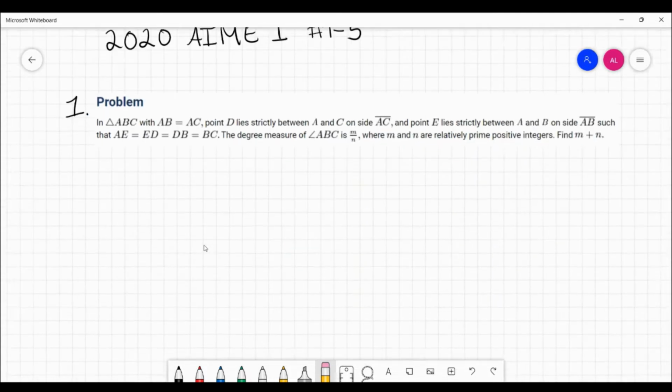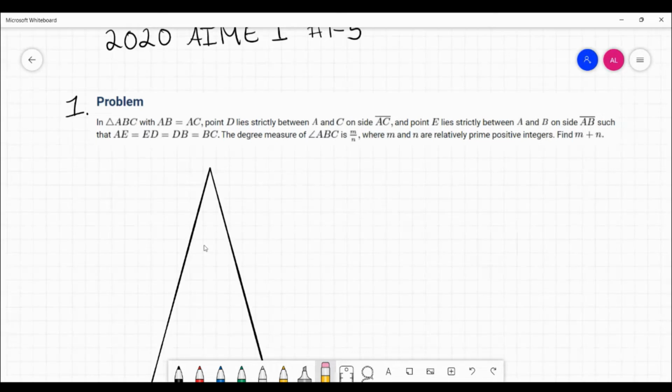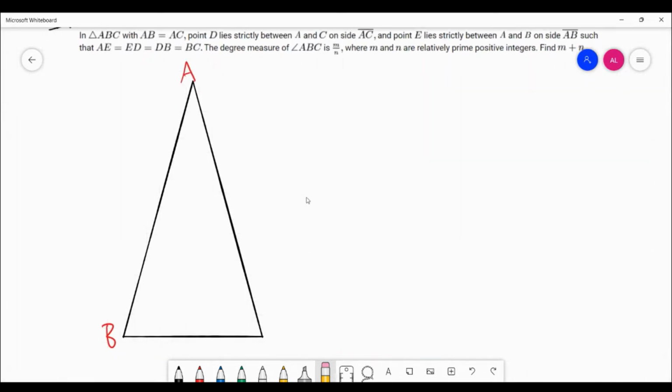So problem 1 says, in triangle ABC, which we will draw, so this is triangle ABC, we have AB equals AC, so this triangle is isosceles, and then we also have that point D lies on side AC, and then we also have some sort of E lying on AB, such that DB is also isosceles, like this.